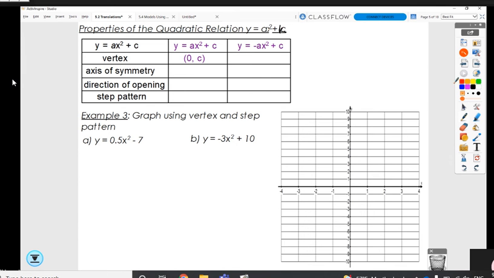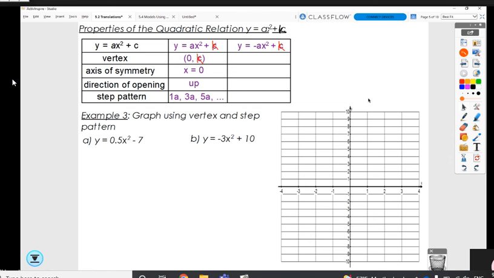The axis of symmetry is always x equals 0. It's always going to be opening up. And the step pattern is whatever 1, 3, 5 multiplied by the a value is. So we'll say 1a, 3a, 5a. If a, for example, was negative 2, we would multiply 1, 3, and 5 by negative 2. If the step pattern was 1/2, we would sub in 1/2 for a.